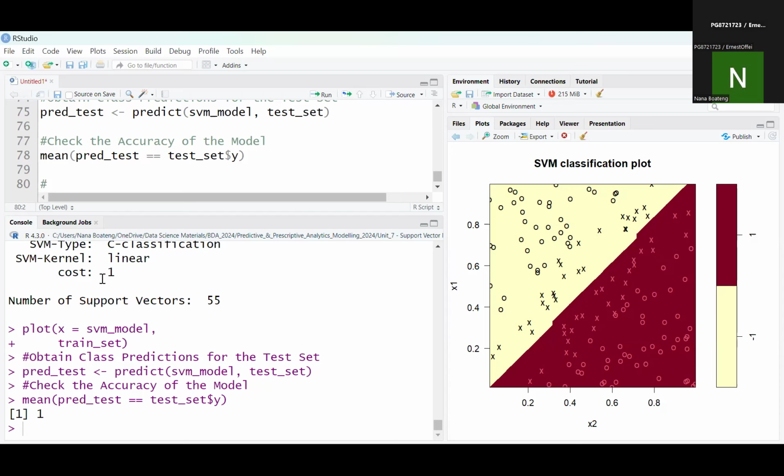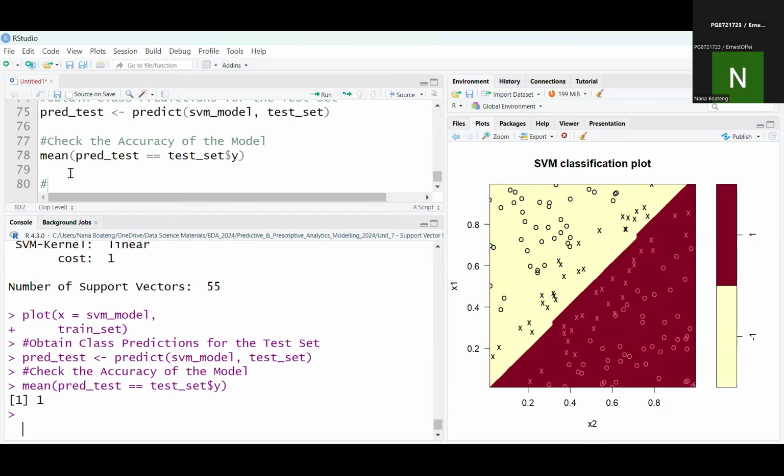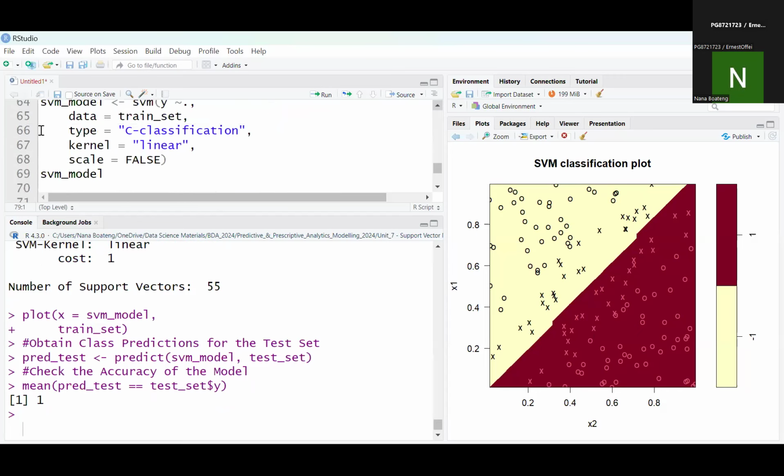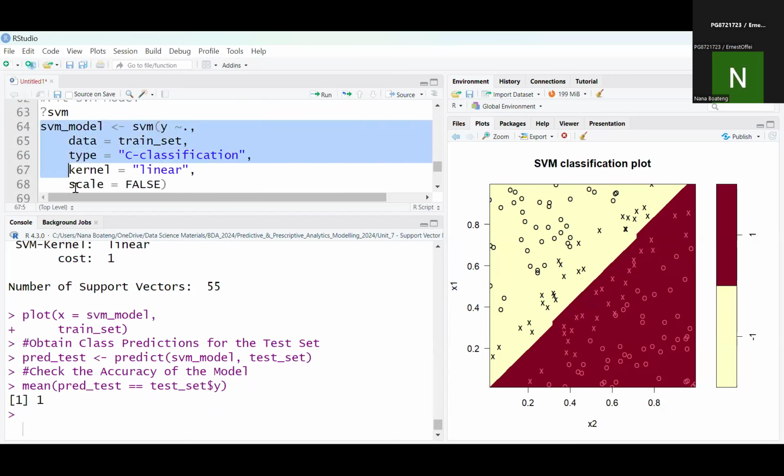When we increase the cost parameter, it's able to deal with our support vectors. Let's see how we can apply that. Let me just copy what we had here, so we build a second model.